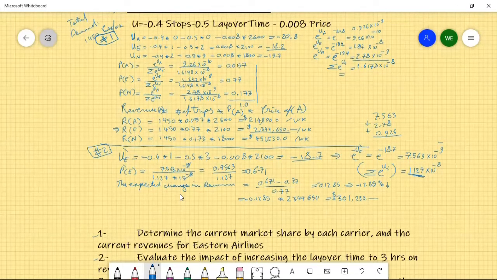Okay, let me just elaborate on this suggestion, which is basically increasing the price. What will happen if we increase the price? You might think that you are going to increase demand, but you are not.